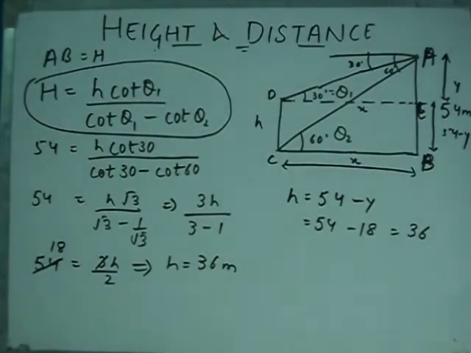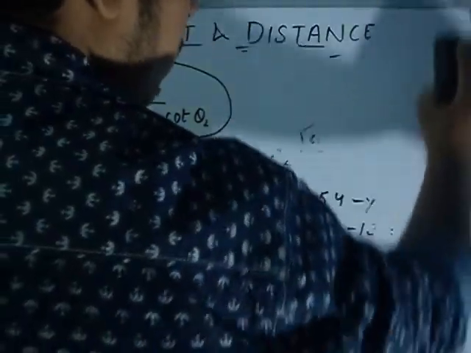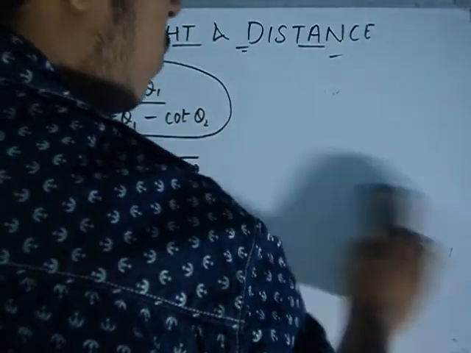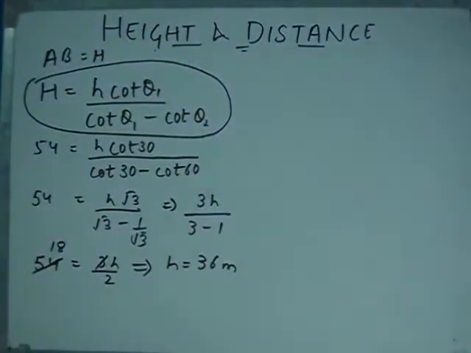Let's take another case, another type of trick. Its application you can also use in various questions. As we know, height and distance is a type of geometrical topic, and in this we are using trigonometric functions. Without trigonometric functions we cannot calculate the values.